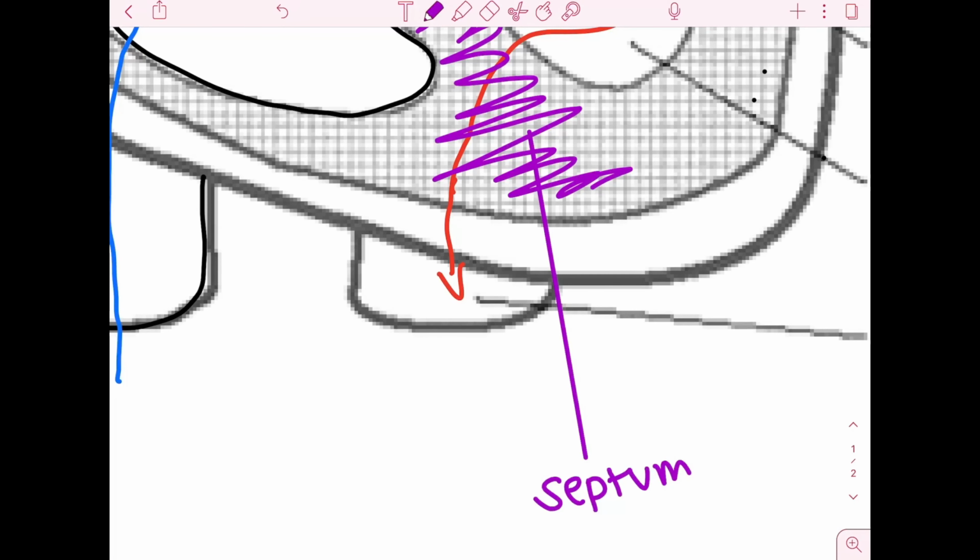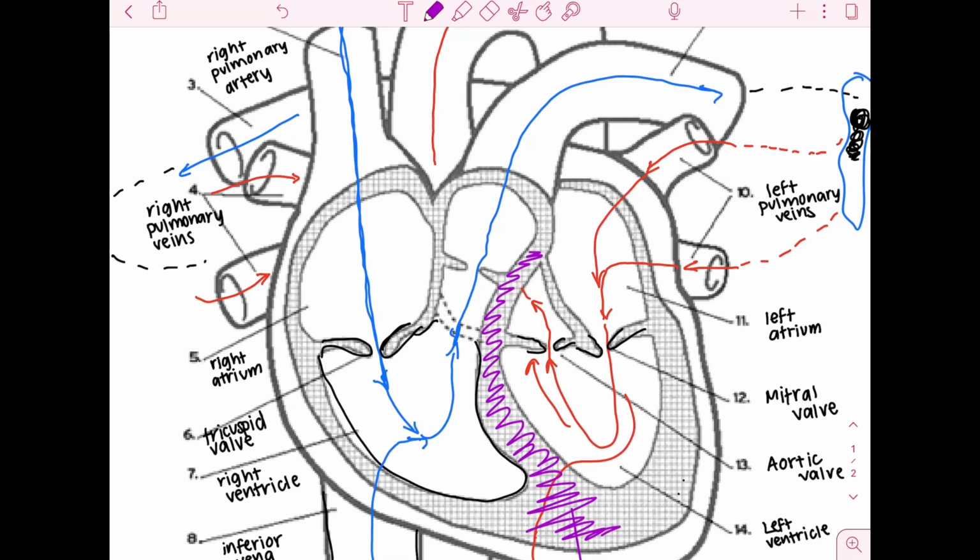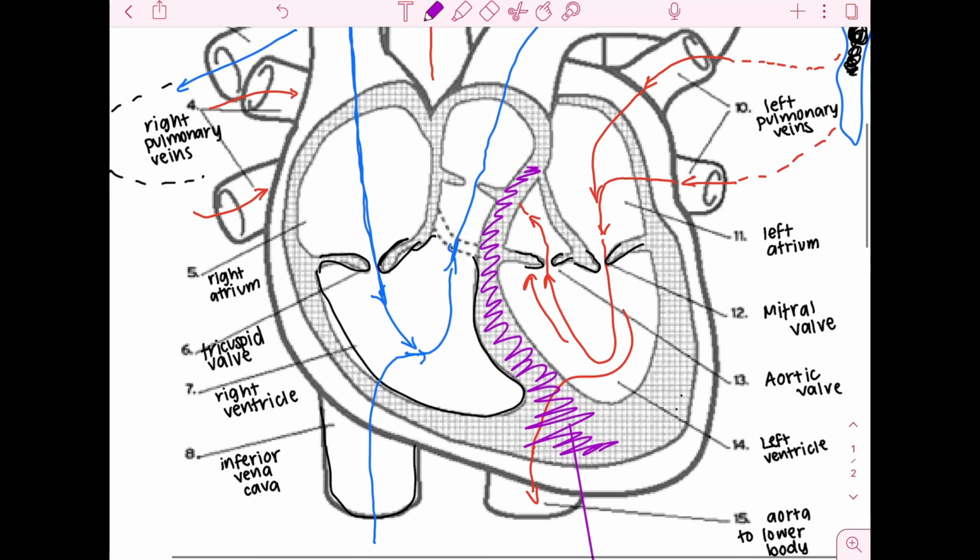This can also be called ventricular septum, but this is the thick muscle that separates the oxygenated and deoxygenated blood. Sometimes people are actually born with holes in their septum, which could dangerously affect their health, in which case they must be treated. But this is basically a really, really thick muscle that separates the other halves of the heart.